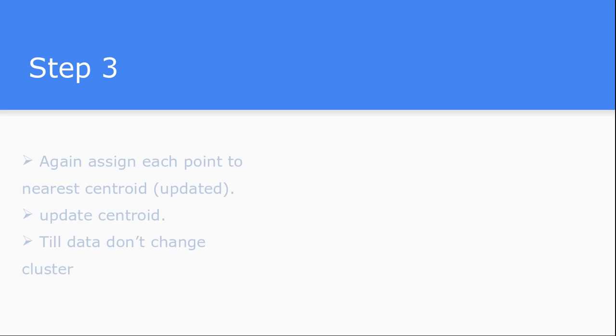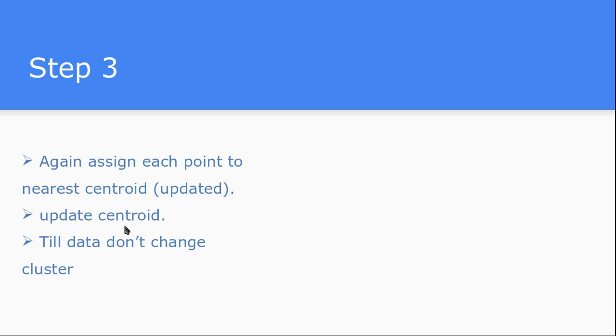So in step 3, again we'll assign each point to the nearest centroid, but in this case our centroid has been updated, and once we assign the points we'll again update the representative of each cluster.